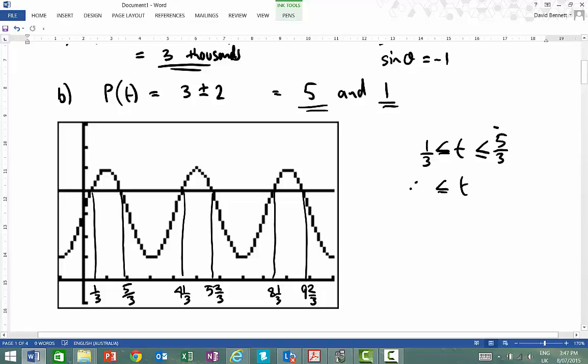It saves a bit of time. So 4 1/3 and 5 2/3, 8 1/3, and less than 9 2/3. So those are all the intervals when the bugs in the week. So between 1/3 of a week and 1 2/3 weeks is the time when the bugs are going to be over a population of 4,000.